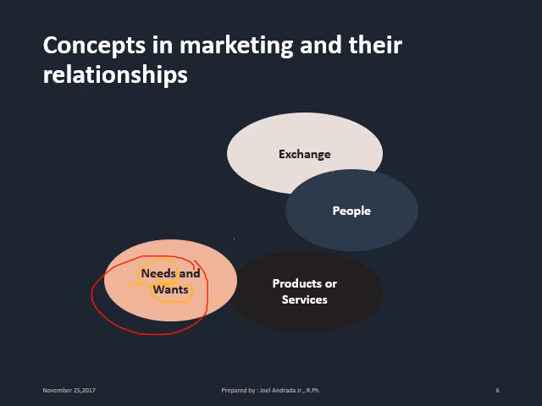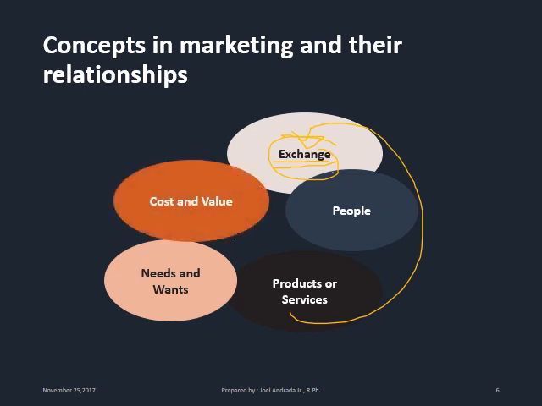Satisfying the needs and wants of the people through the products or services can only be completed through a certain process we call the exchange process. What is being exchanged? These certain products or services that satisfy the needs and wants of people come with a cost and value.